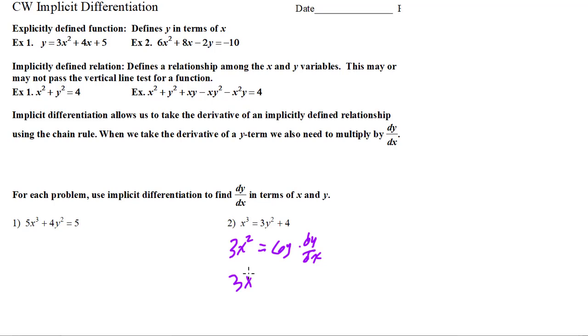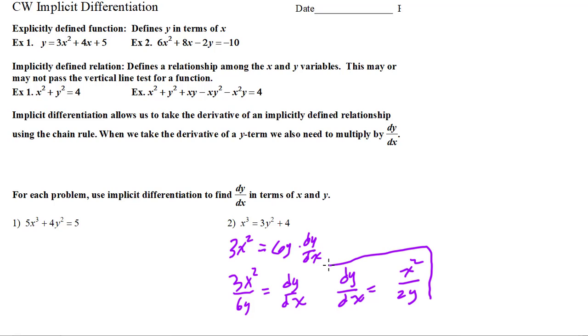So we got 3x squared over 6y is equal to dy dx. And of course, maybe we want to simplify that. So dy dx is equal to x squared over 2y. And that would be our answer. So when we get the derivative, it's usually going to be a relationship that's between x and y.